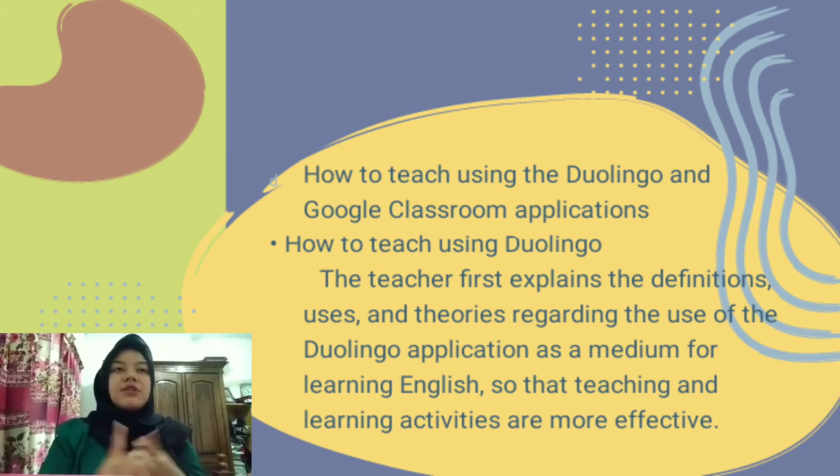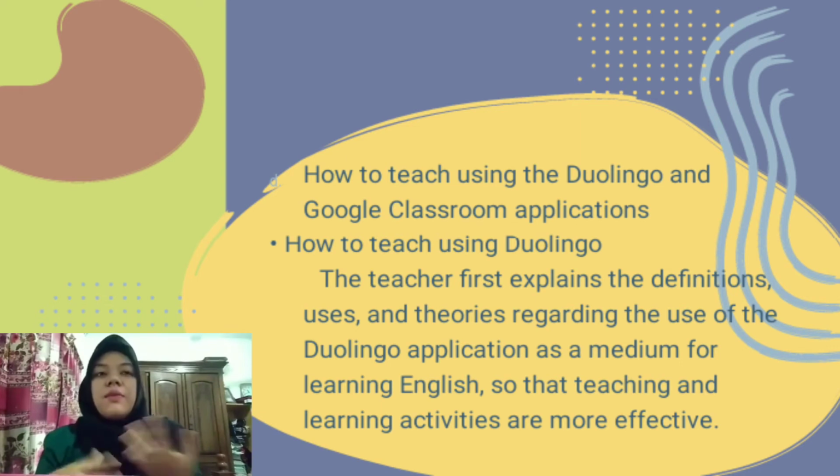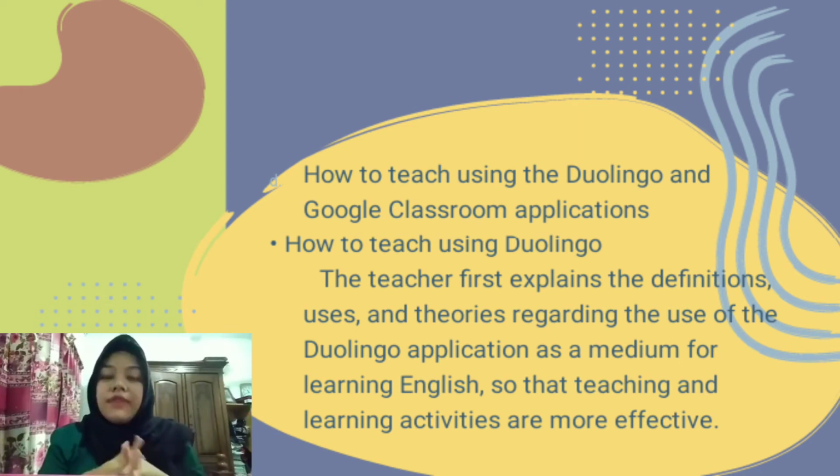The first is how to teach using Duolingo. The teacher first explains the definition, use, and theory regarding the use of the Duolingo application as a medium for learning English, so that teaching and learning activity is more effective.